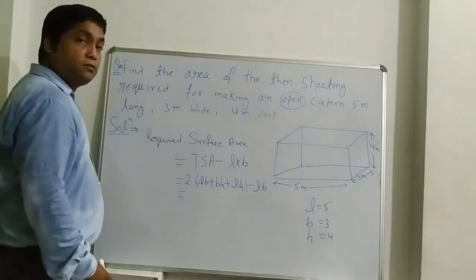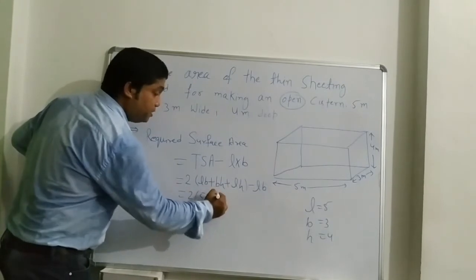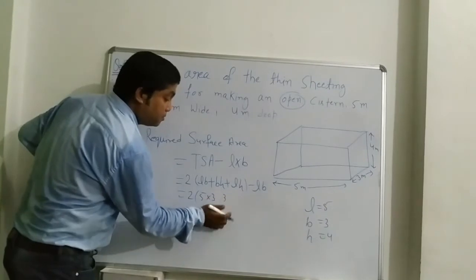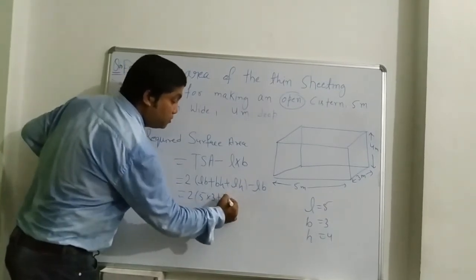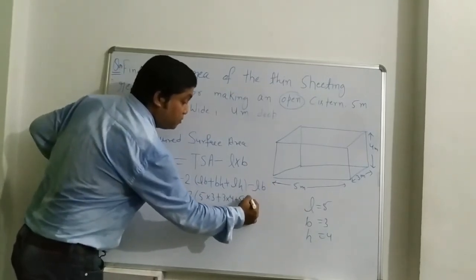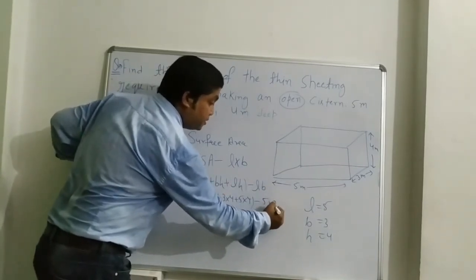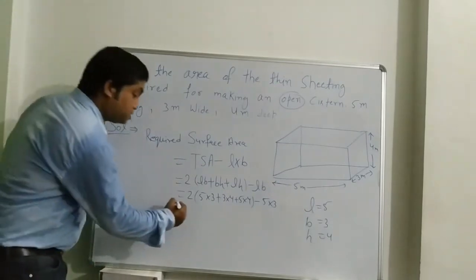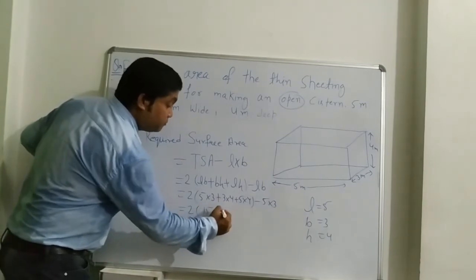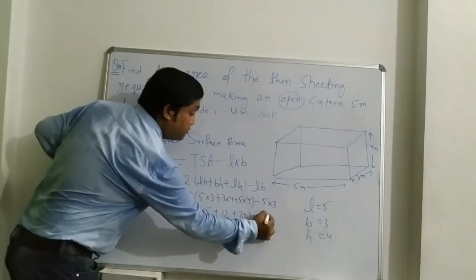Putting these values, we have 2 into (length 5, breadth 3, breadth 3, height 4, length 5, height 4) minus length 5, breadth 3. Just simplify them. Then we have 5 3s are 15 plus 4 3s are 12 plus 5 4s are 20 minus 5 3s are 15.